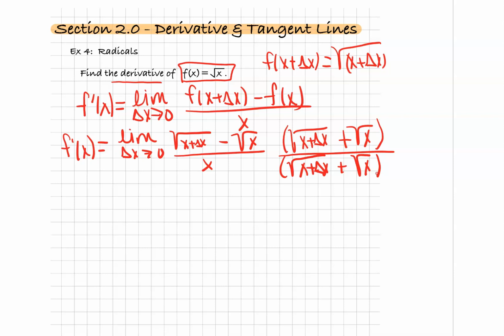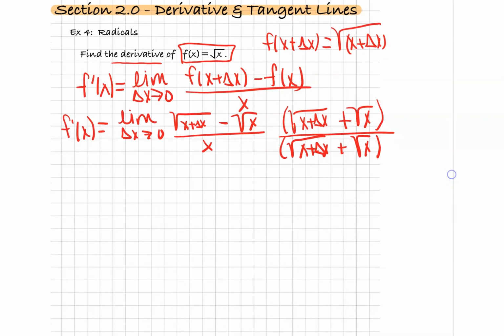Now, I am not fully going to multiply this out. I am going to multiply out the numerator like you saw in chapter 1, but the denominator I'm just going to carry along. So this is equal to, just a big long line of equal signs, the square root of. Now, when you multiply this first radical times this radical, it is going to give me x plus delta x.